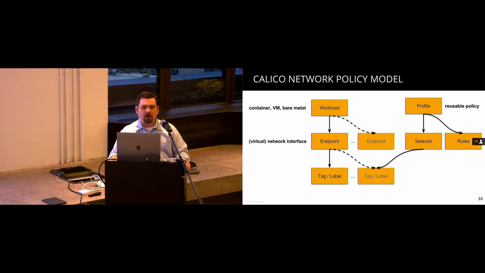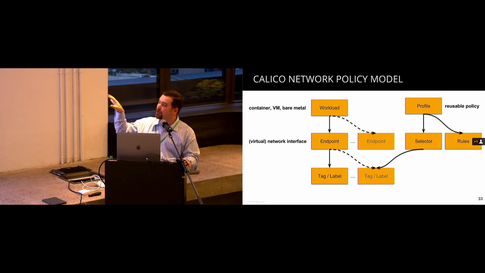It may be something like, for example, we only allow you to talk to an internal DNS server. We're not going to let you reach out to 8.8.8.8. And these profiles get evaluated at the host endpoint or static points.